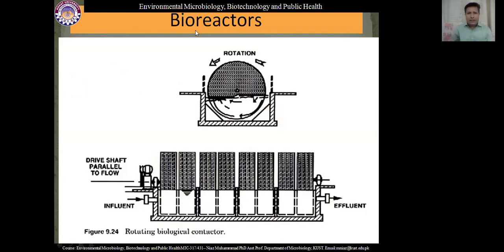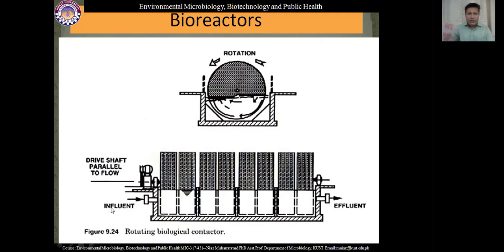This is another technique. It is called a bioreactor. In this bioreactor, we are putting the bioreactor over here. It will rotate, and the pollutant will be volatilized. Microbial populations will also be activated. They will mix with the pollutant, and gradually they will reduce the concentration of pollutant in this reactor. The drive shaft is parallel to the flow.